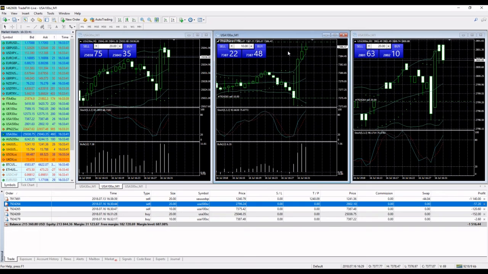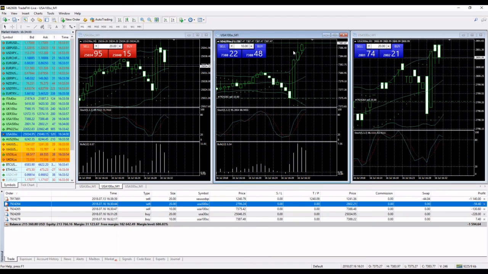And we might enter again in Nasdaq and in Dow Jones, because we entered quite high.